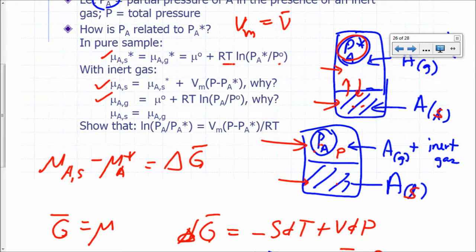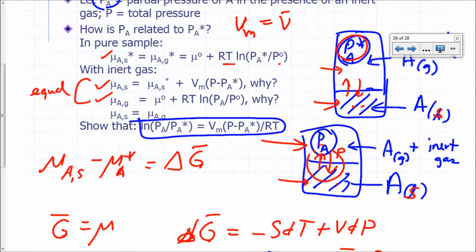The ideal gas is ideal. Now, in this sample right here, since this is at equilibrium, the chemical potential of A in the solid must be equal to the chemical potential of A in the gas. So these two, we say, are equal.